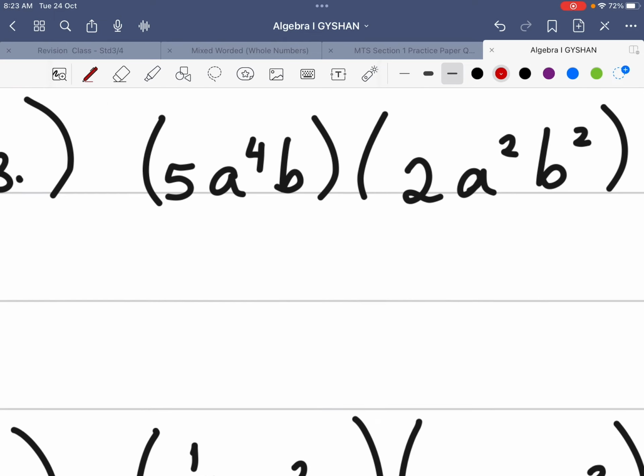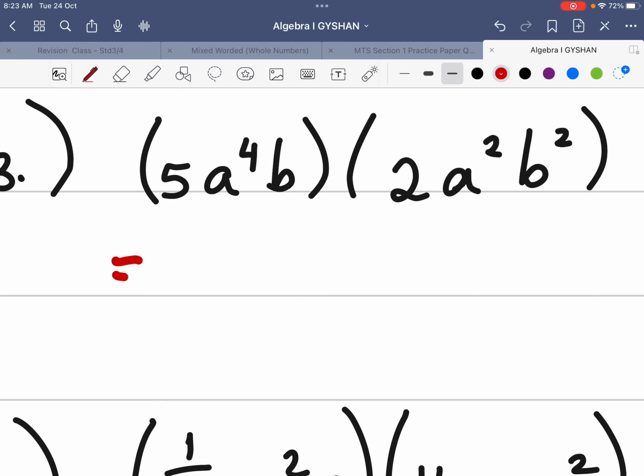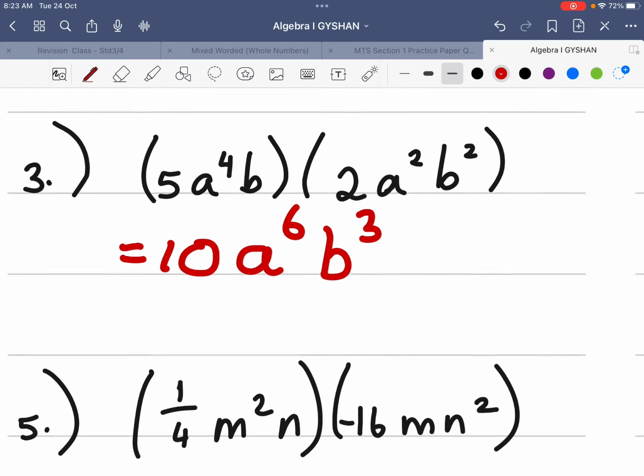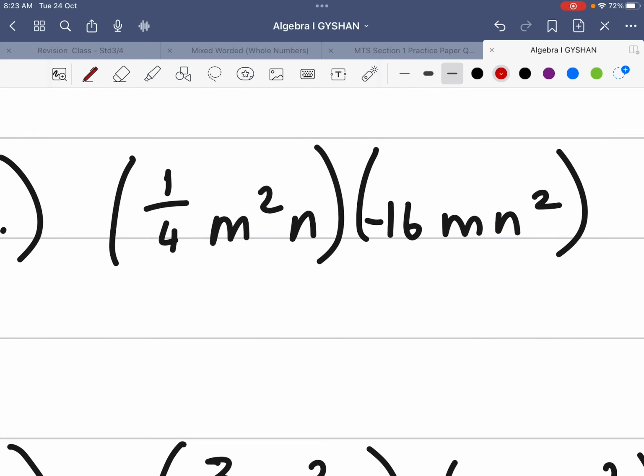Number 3. 5 times 2 is 10. A4 times a squared will give you a6. And b times b squared is b cubed. Next, I will shift this down. 4 into 4 is 1, 4 into 16 is 4.